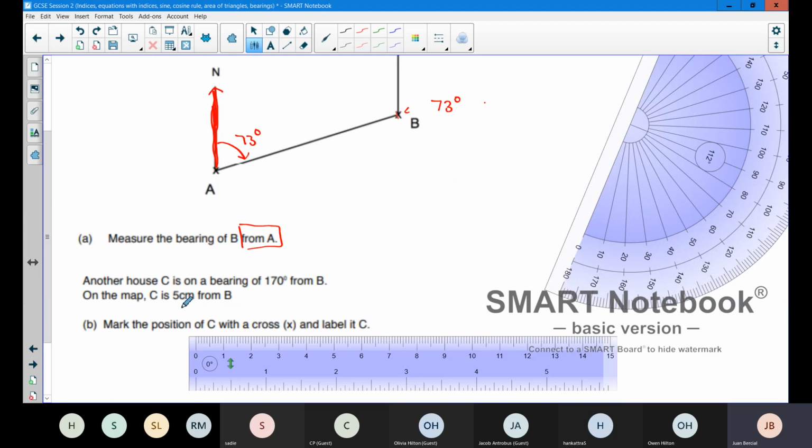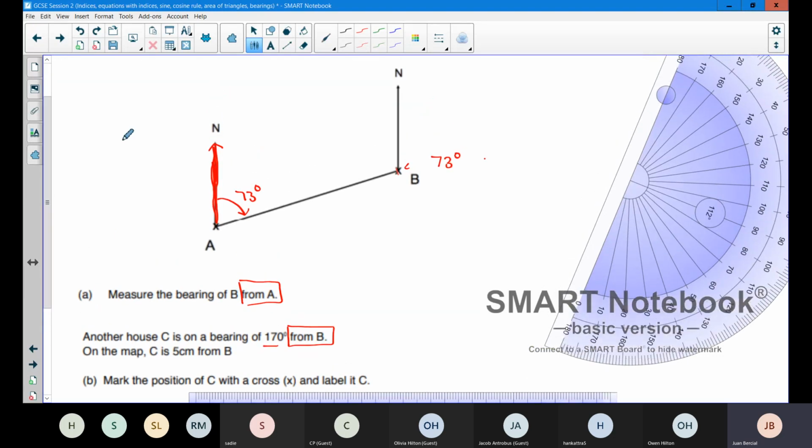And then it says another house C is on a bearing of 107 from B. Because it says from B, now the north is at B, so I'm putting the arrow on B. It's a bearing of 107 from B, so I need to measure 107 degrees clockwise from north.